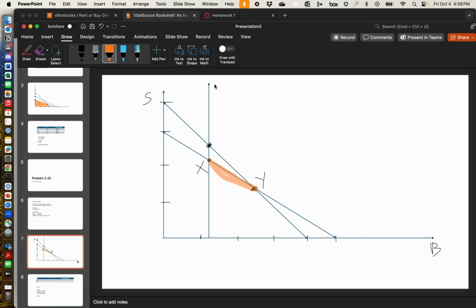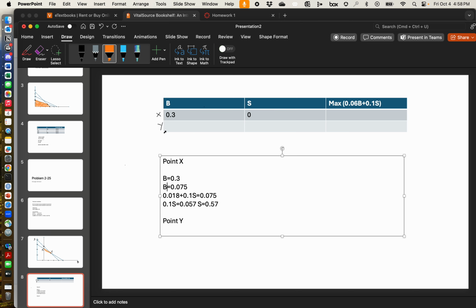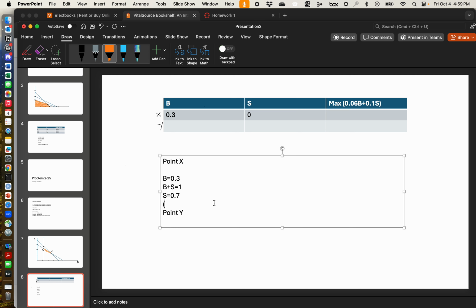So point X is B 0.3 and B plus S is 1. It's a very common mistake, don't make it. So this makes S 0.7. So 30% in bonds and 70% in stocks, right? So that's the first solution.